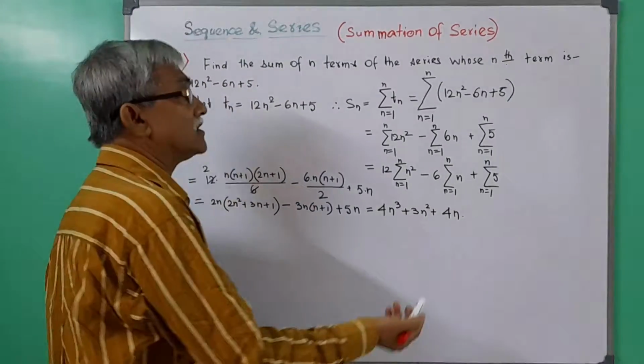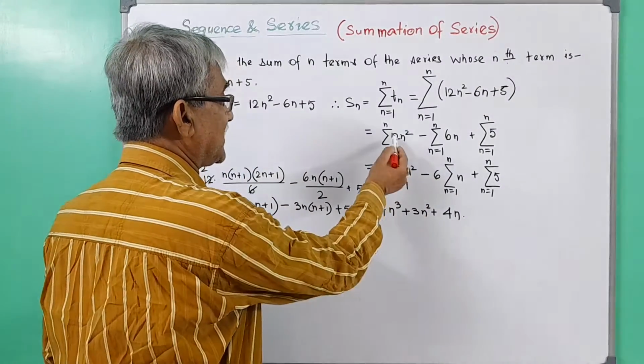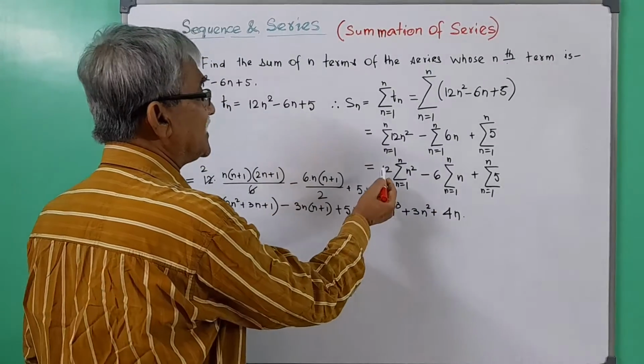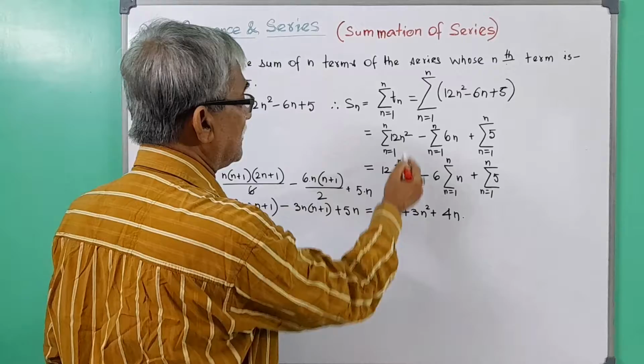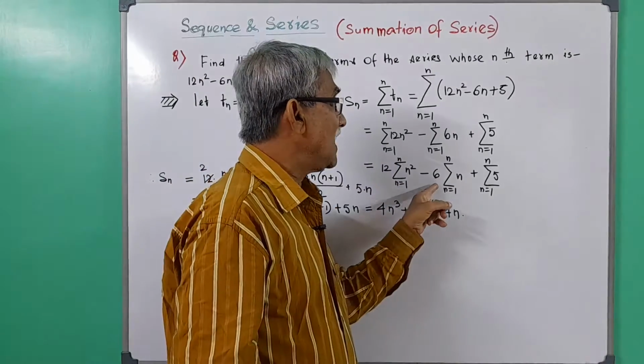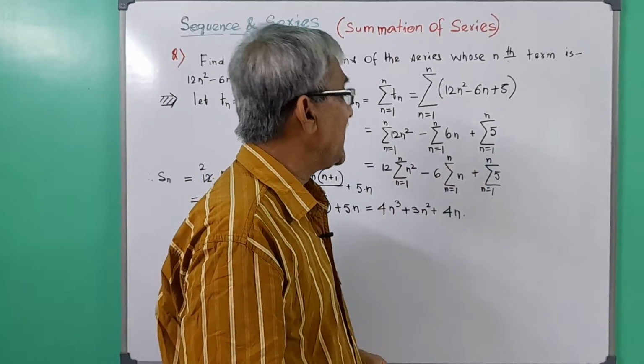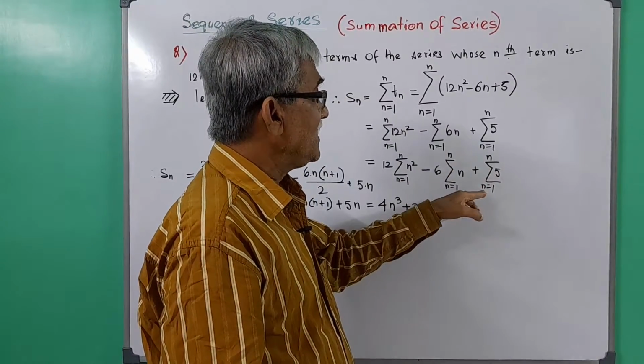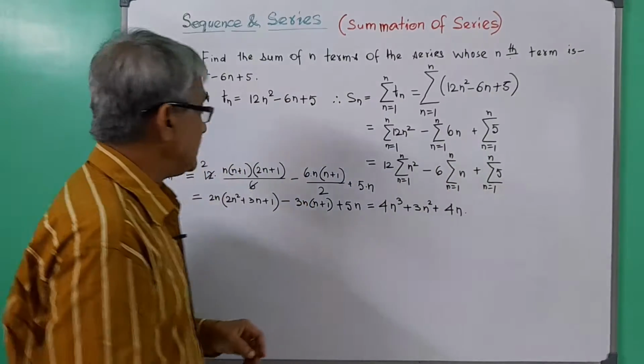Now, as per the property of summation, we can take the constant coefficient outside. That is 12 summation n square minus 6 into summation n, plus 5 summation 1, n equals 1 to n.